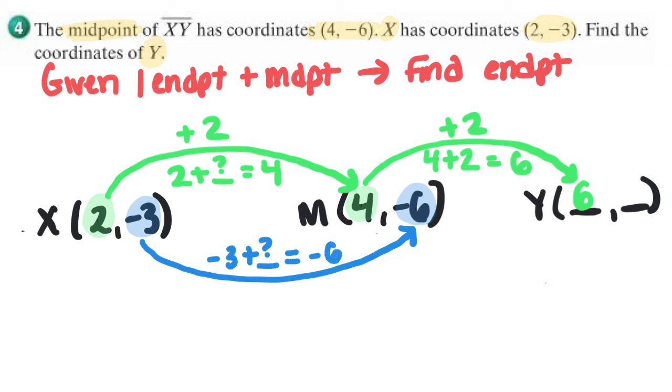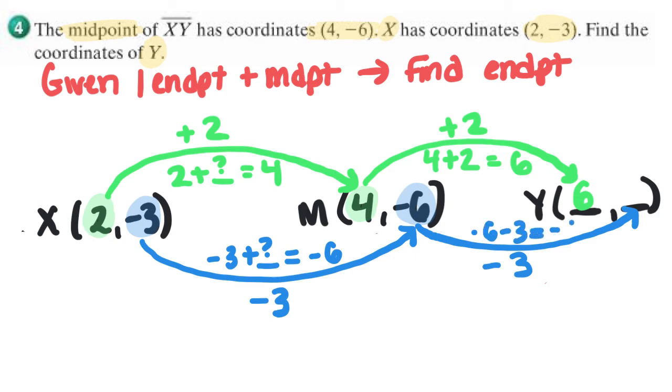And if we think about that, to get from -3 to -6, you would have to subtract 3, which means to get from my midpoint y to the other endpoint's y, you're going to have to subtract 3 again. So I would have -6 minus 3 equals negative 9. So my answer here would be that the coordinates of Y are at 6, negative 9.